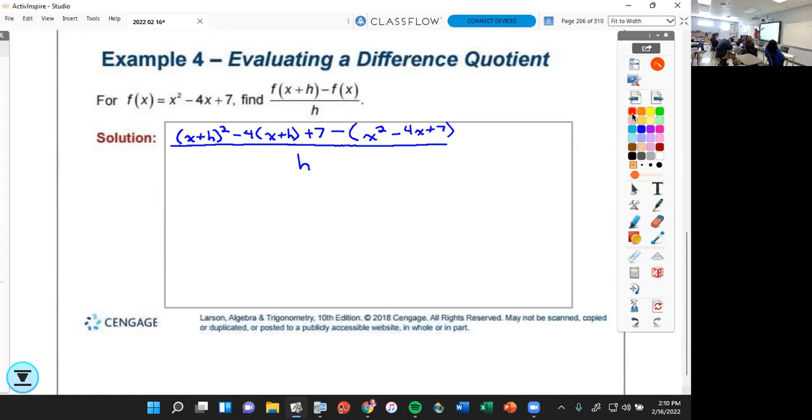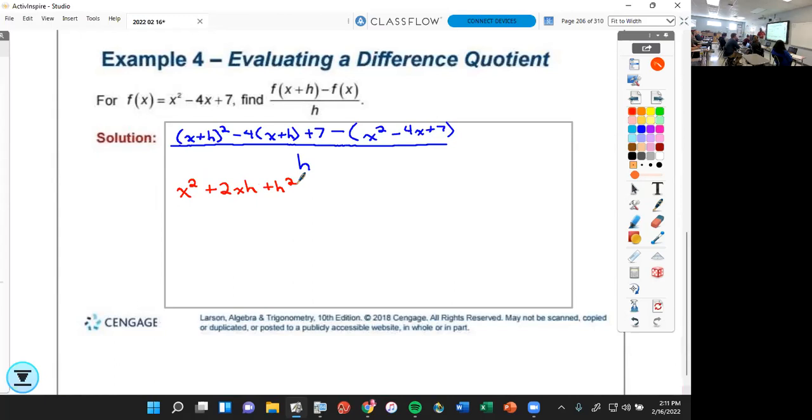First times first, x squared. Outside times outside, xh, inside times inside, xh. So I have an xh and another xh gives me 2xh. Plus h squared, last times last.